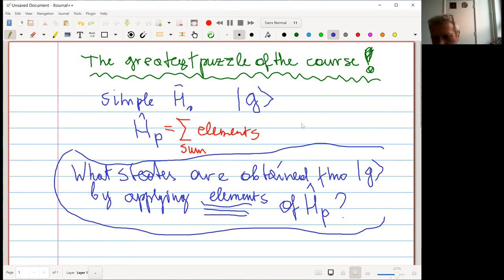Again, answering your question, Rinus, we are talking about a simple Hamiltonian, which has some ground state, and elements of HP work on this ground state. And the answer to the question I formulated, what are possible states which can be obtained from the ground state from that. Sorry for my writing.